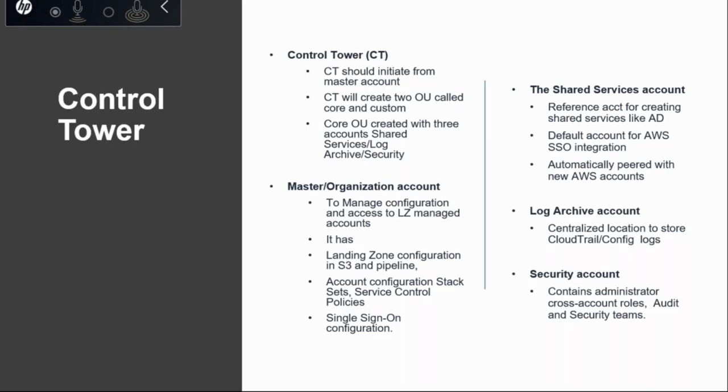Those Control Tower manager accounts will be listed under the Core OU. And if you are creating your own accounts, let's say one account for business one and another for business two, those will be created under Custom. You do not have any control over the Core OU; you have control only over the Custom OU.